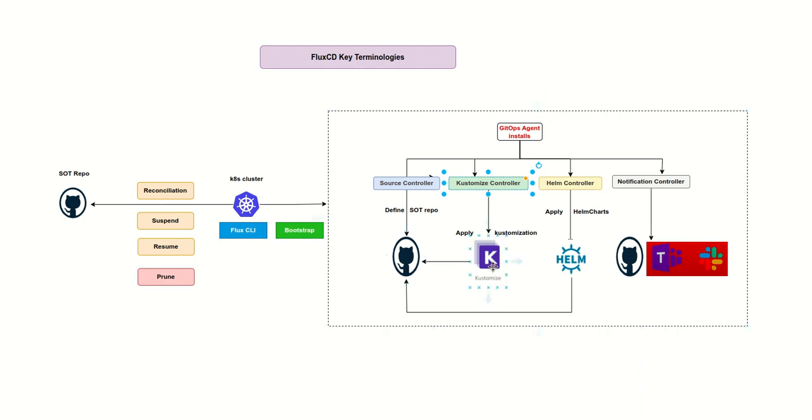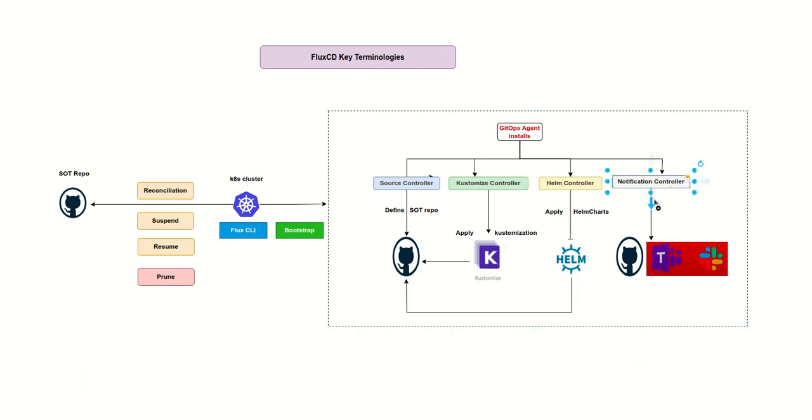If we declare our manifest files using Helm charts, then it's the Helm controller which takes care of applying these Helm charts on our cluster environment. It also controls Helm releases as well.